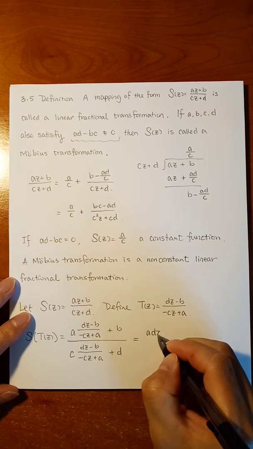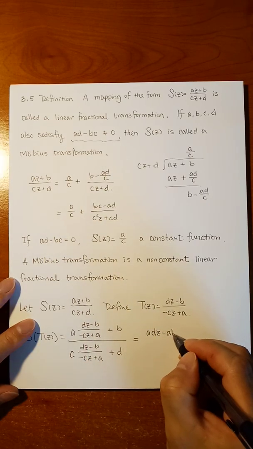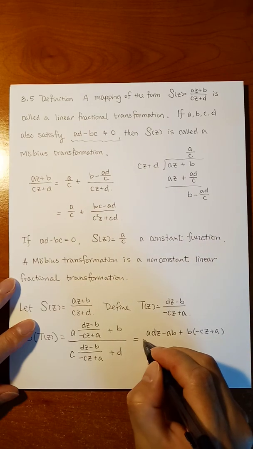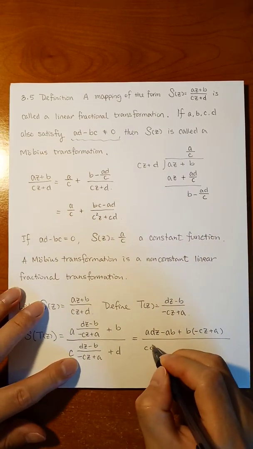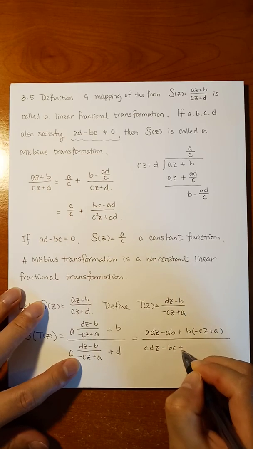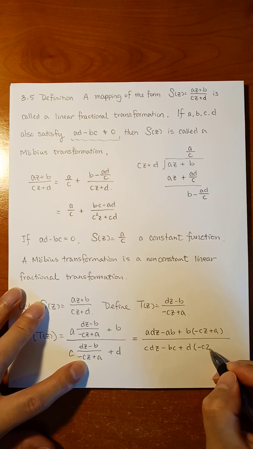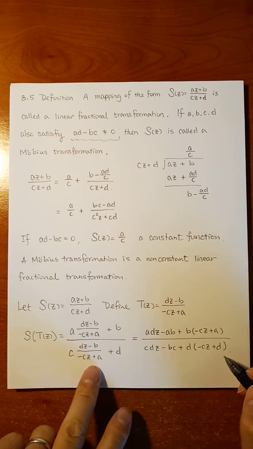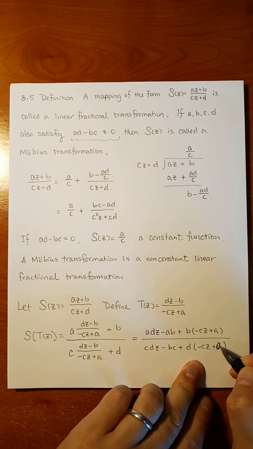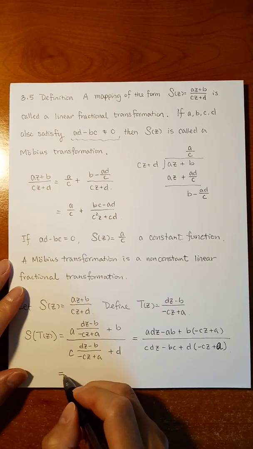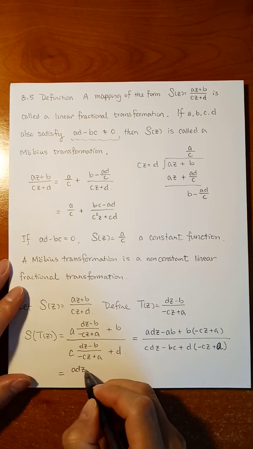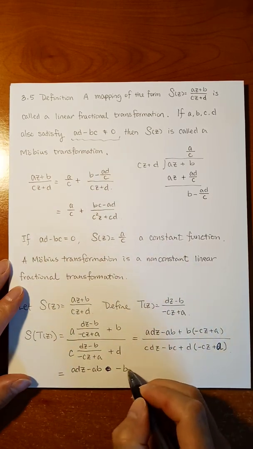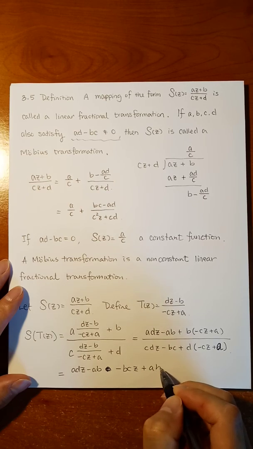We get adz minus ab plus b times (negative cz plus a) for the numerator, and cdz minus bc plus d times (negative cz plus a) for the denominator. Continuing, the numerator is adz minus ab minus bcz plus ab.